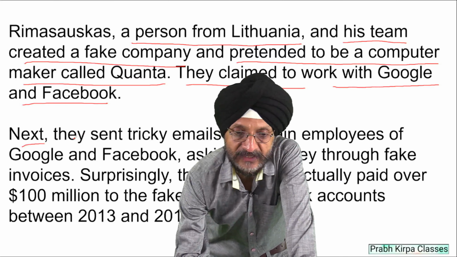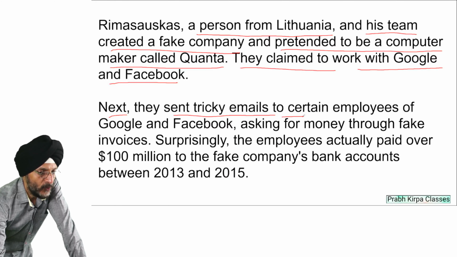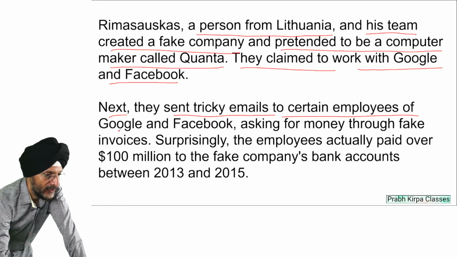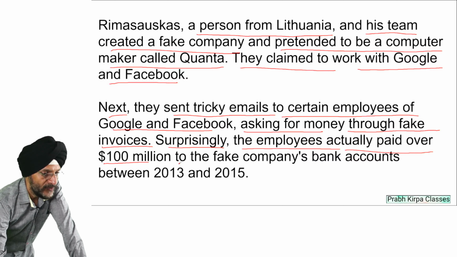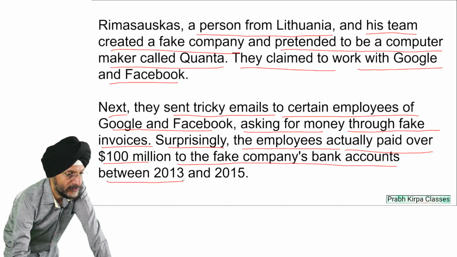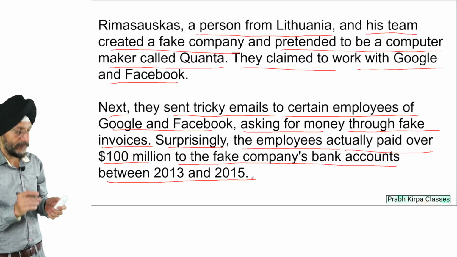Then the cyber criminals sent tricky emails to certain employees of Google and Facebook asking for money through fake invoices. Surprisingly, the employees actually paid $100 million to the fake company's bank accounts between 2013 and 2015.